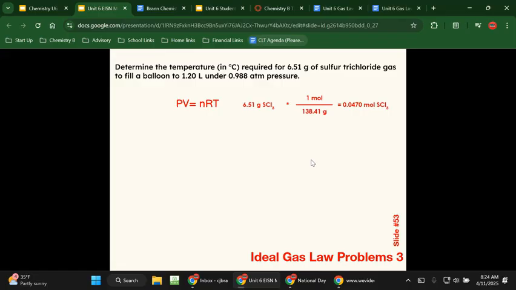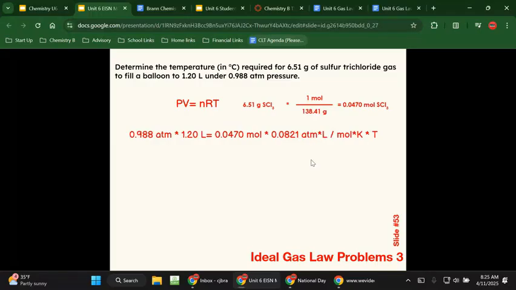Now, in this problem, grams is on the bottom, moles is on the top, so that we can get into moles. Okay? Now we can plug this in for n. So now I've got a volume, I've got a pressure, I've got n, R, you should be able to find it. It's a known value, doesn't change, meaning we could solve for T when we put everything in.